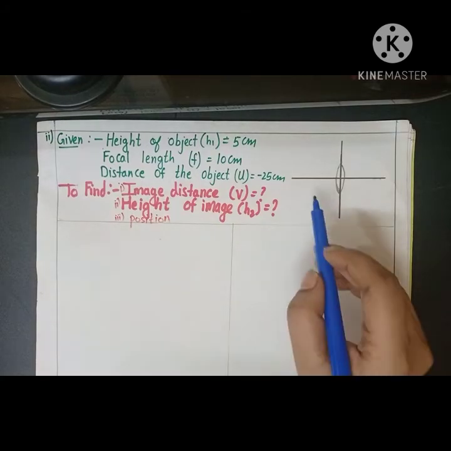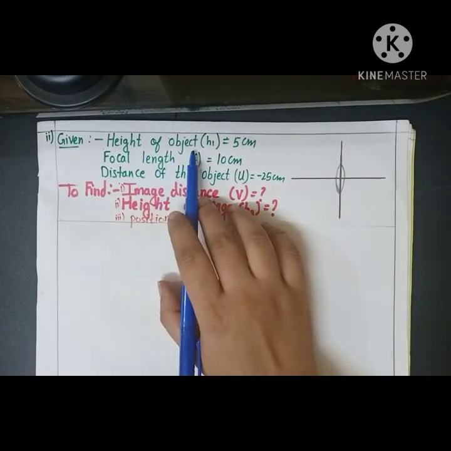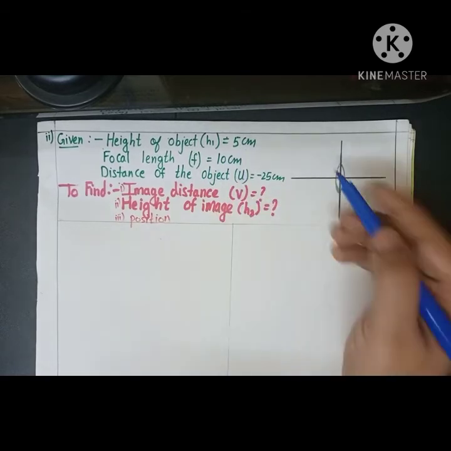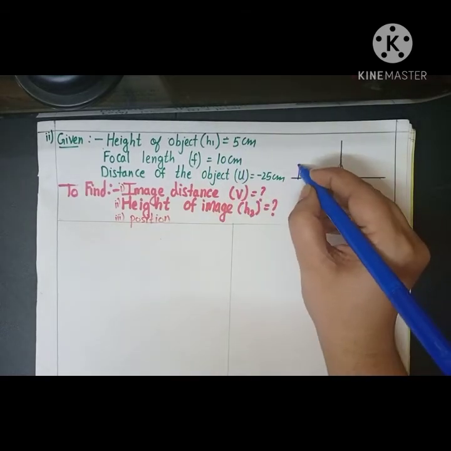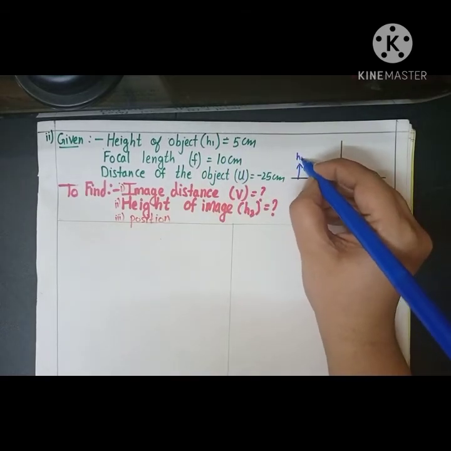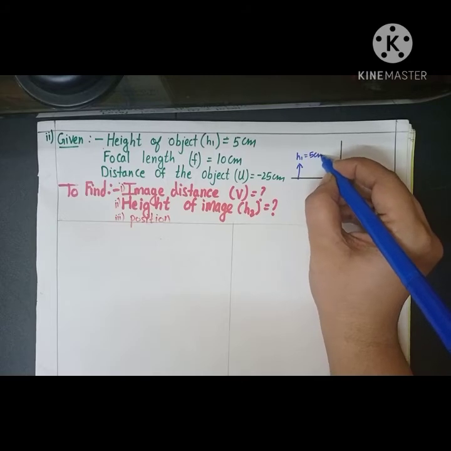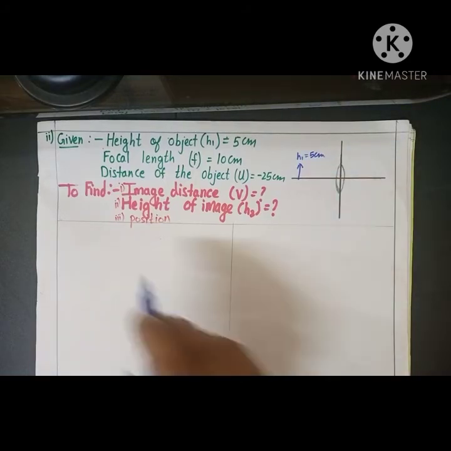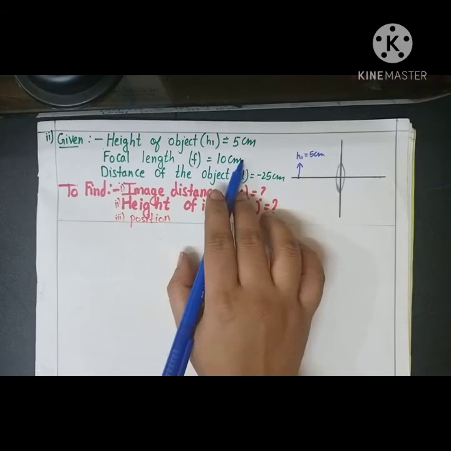So students, in this sum, the height of the object is 5 cm. So h1 is equal to 5 cm. Focal length is 10 cm.